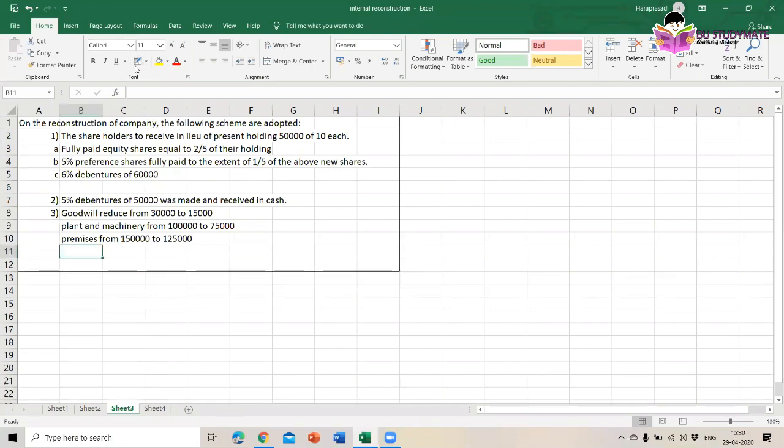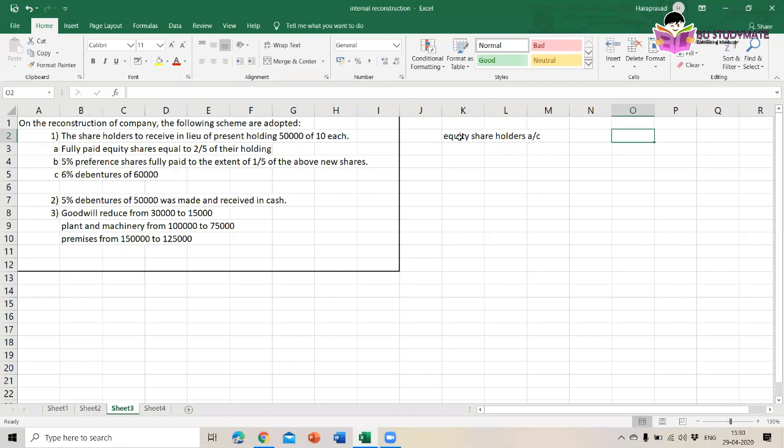Okay, we'll start the journal entries. We need to pass the journal entries. So total shareholders, how much do we have? 5 lakh rupees. See here we'll write equity shareholders account, debit.